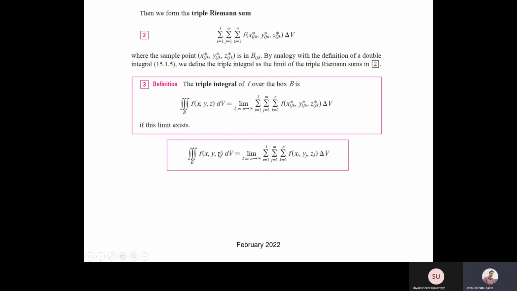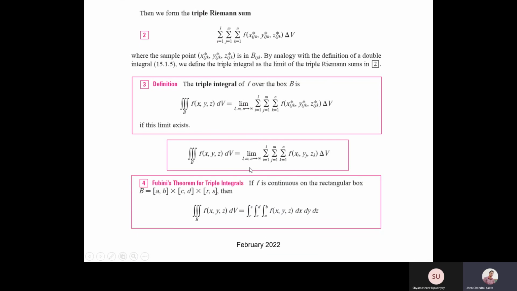So this is the way the triple integral is written: you have the triple integral sign, then this is the region B, this is the function, and this is dV. And again, by Fubini's theorem, if f is continuous on the rectangular box, you can easily write it as simply dx, dy, dz, and we can simply write the limits of x, y, and z over the integration signs. So it is as straightforward as this.